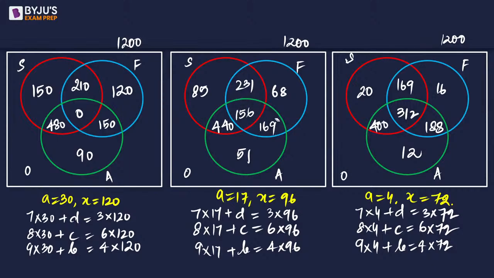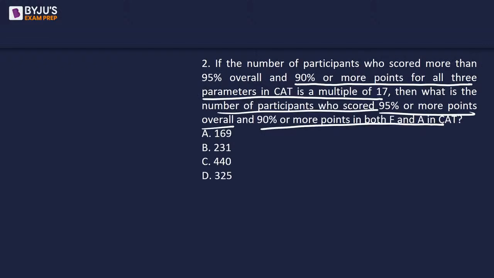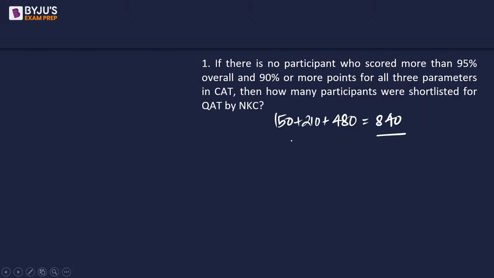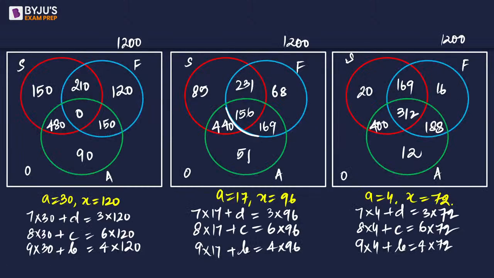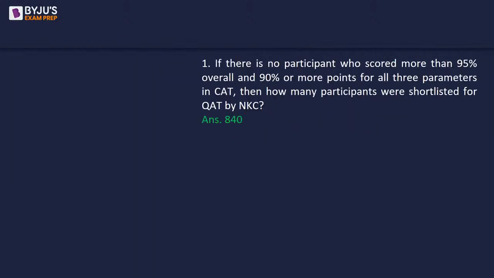So 156 plus 169, which is going to be 16 plus 19 25, so 325. 325 means this particular region. So the first condition of the question tells us कि second case देखो और उसमें से we need to find out F and A. So F and A is this common region.